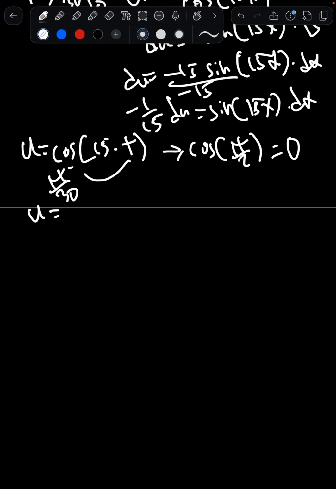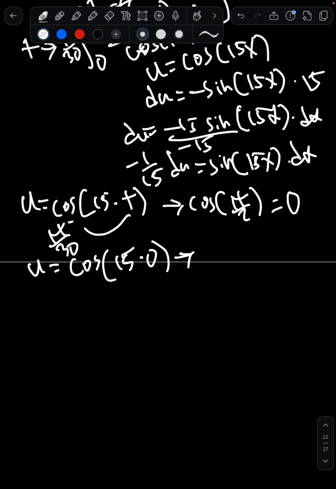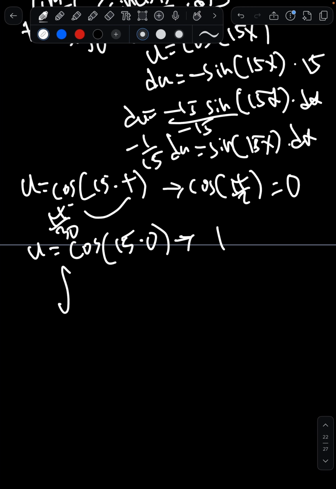Now let's do u equals cosine of 15 times 0. Cosine of 0 is just 1. So our entire integral is now the limit as b approaches 0, and this is approaching from the right-hand side because we are going from 1 to 0. Not from the left, but from the right.